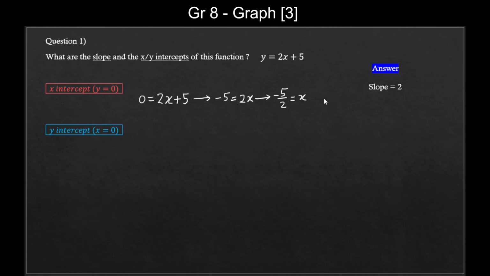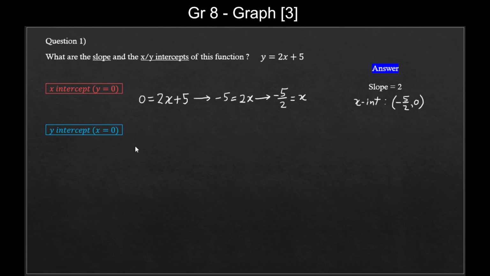So that means our x-intercept, I'll just write it short, is going to be (-5/2, 0). And we'll check this soon.